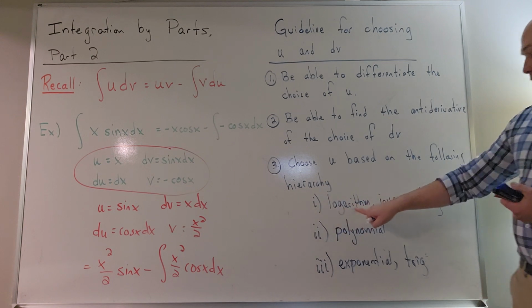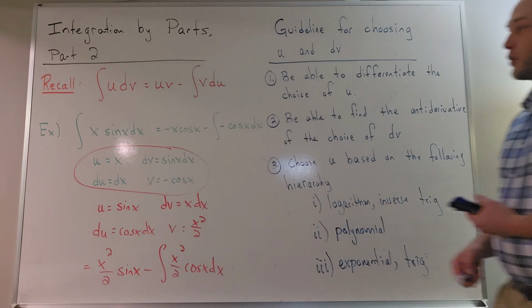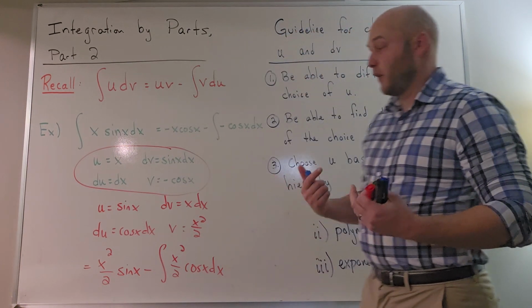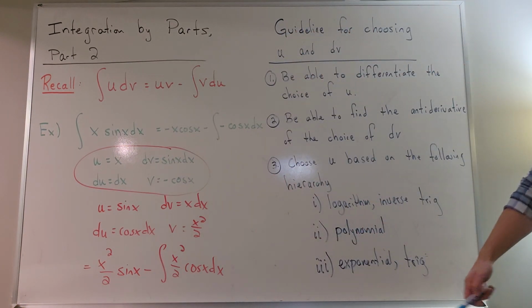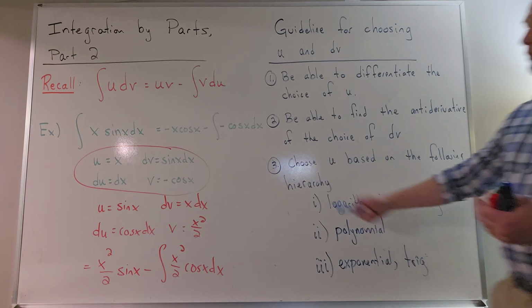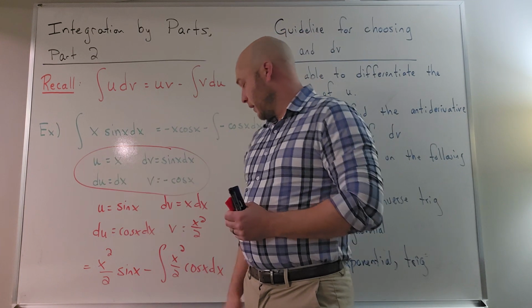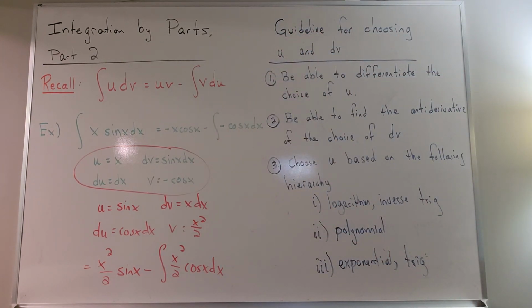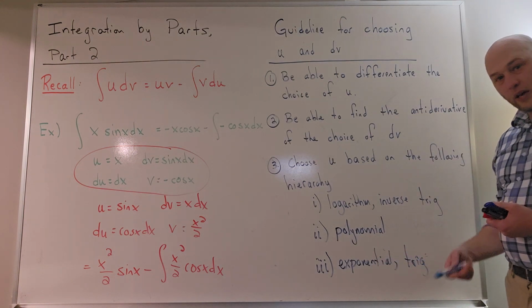First and foremost, if I have a logarithm or an inverse trig function within my integrand, that would be my ideal choice of u, if that appears. Then the rest of it would be your dv. If I don't have that, but I have a polynomial term, for example x, or maybe x squared over 2, then that would be my next choice of u. If I don't have those, but I do have an exponential or a trig function, that would be my third choice.